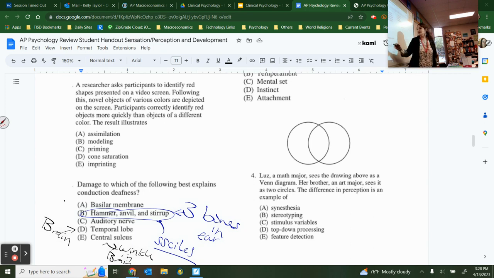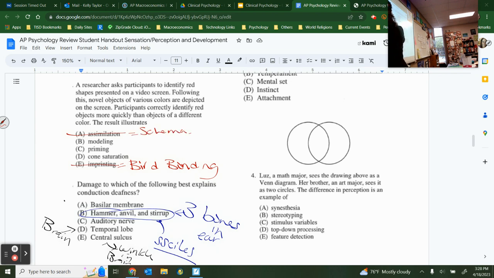Assimilation. Okay, because imprinting, that is the duck bond, the bird bonding. Yes, because assimilation is the whole schema, assimilate and accommodate.